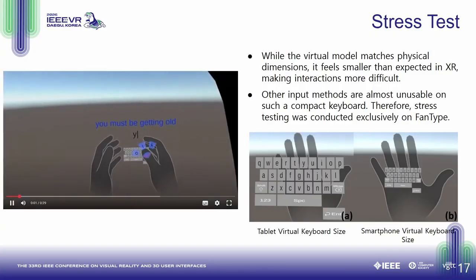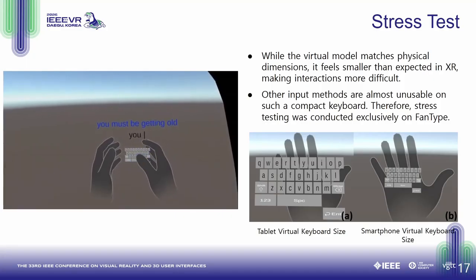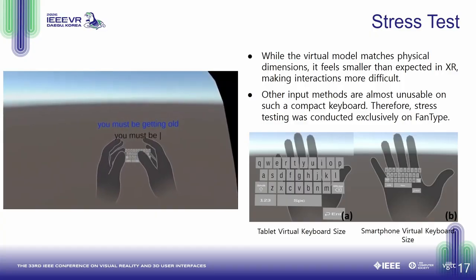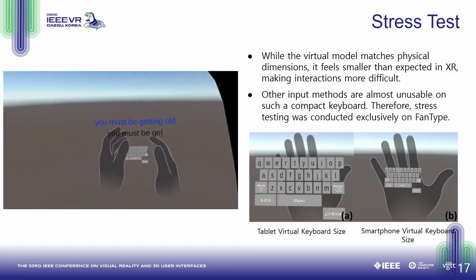As we can see from the video, this is exactly the same size as the keyboard on an Apple smartphone. We noticed that other input methods like the baseline touch and also the Poke method are almost unusable on such a compact keyboard. Therefore, we only conducted this stress test on FunType.